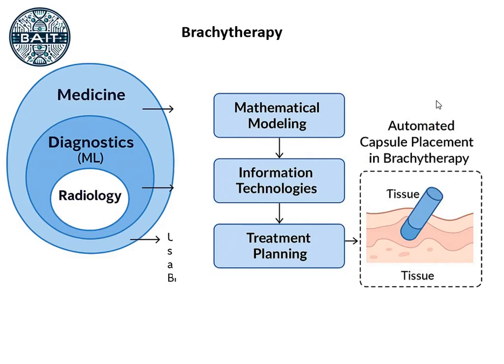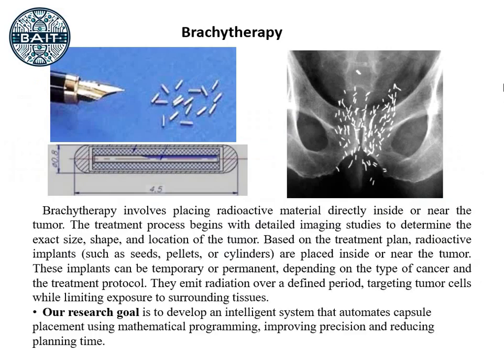Brachytherapy involves placing radioactive materials directly inside or near the tumor. The treatment process begins with detailed imaging studies to determine the exact size, shape, and location of the tumor.